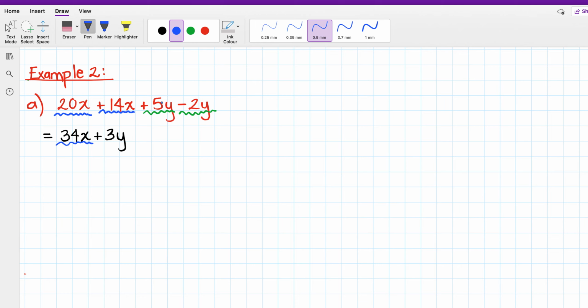That's the first thing that I want you to notice here. The second thing that I want you to notice is that when I did these two, I said positive 5 take away 2 is going to be positive 3y. That's why I write this positive, because there is an operation between these two. Even though I cannot collect them and I cannot put them together, I have to write an expression. I cannot write them simply as 34x and then 3y. How are these connected?